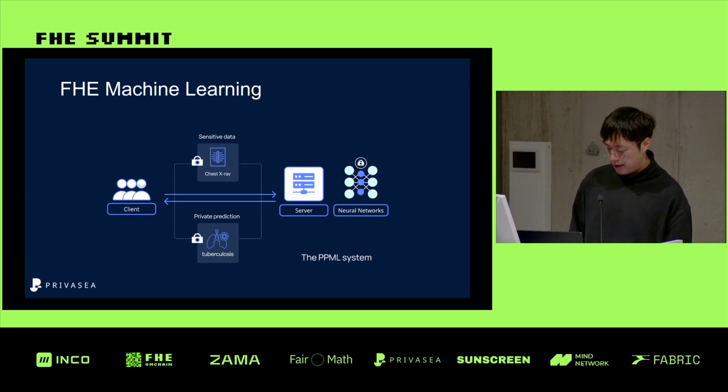So the client means individuals or entities with private data, such as medical records, that hold the key to potential life-saving insights. And then the server represents the secure and private prediction platform, which in this case is focused on medical prediction without exposing data.